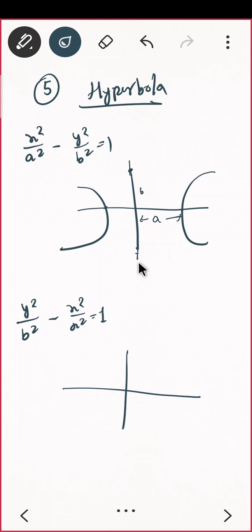Something imaginary or something like that it was. Okay. And what is the graph of this? Something like this. So this is the hyperbola, okay?